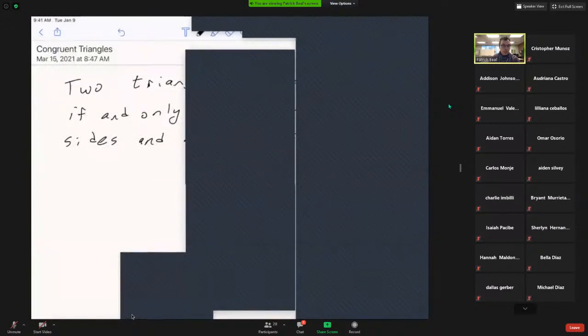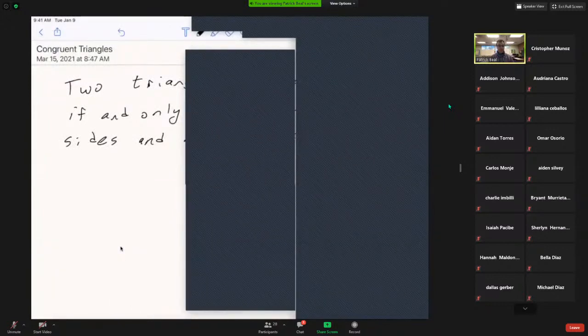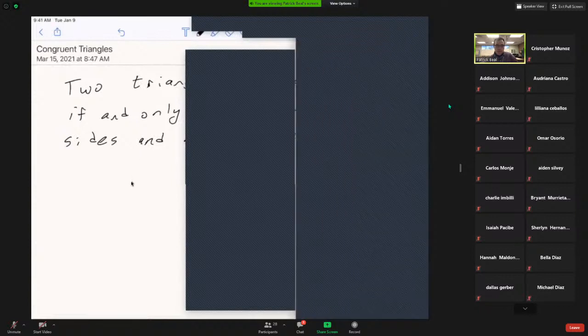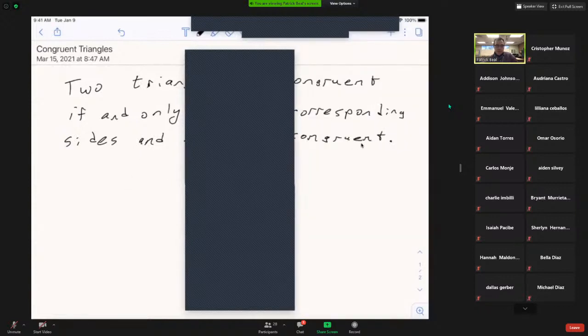I need to quit this thing. Okay, there we go. That's better. Okay, I'm getting that half the screen is gray. Is this better for you now? Can you guys see all the screen now?